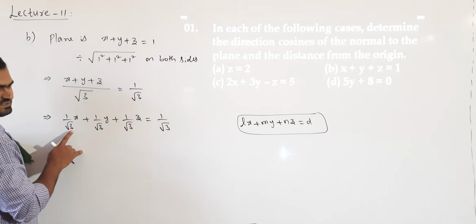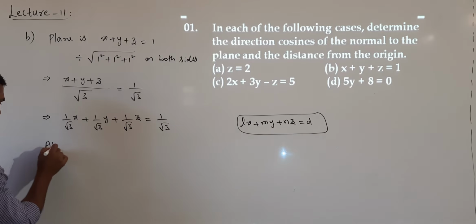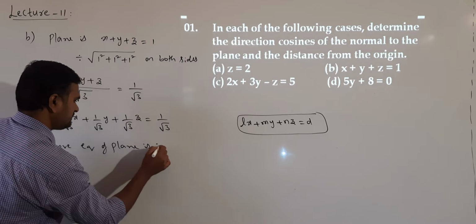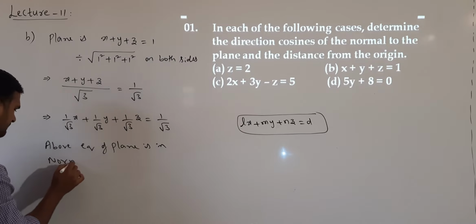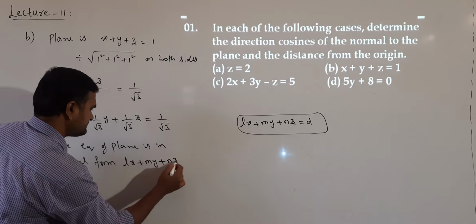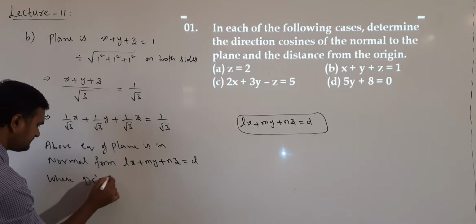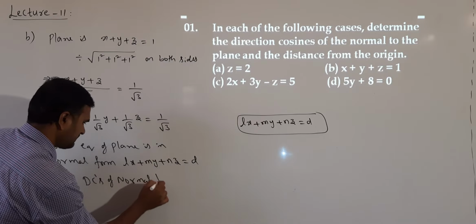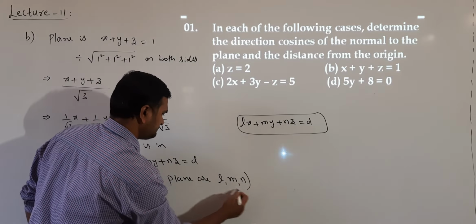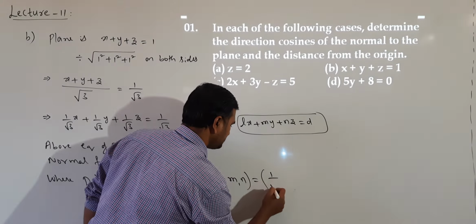Now these are the DCs. Lx plus my plus nz is equal to d form. So above equation of plane is in normal form, Lx plus my plus nz is equal to d, where DCs of normal to plane are l, m, n is equal to, so what are l, m, n here? 1 by root 3, 1 by root 3, 1 by root 3.